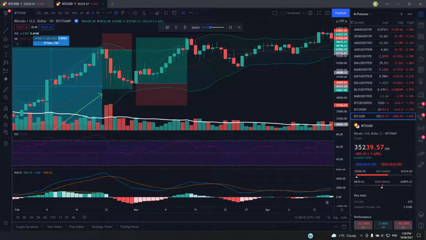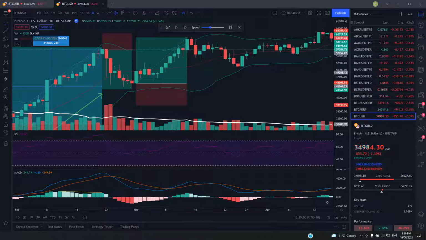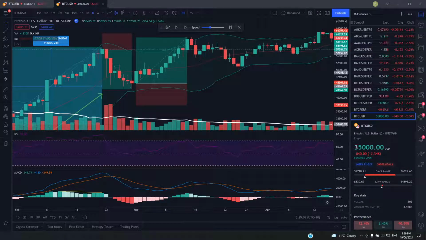RSI decreasing from overbought region to oversold. Okay, so signal line cross, fast EMA cross slow EMA, histogram go from green to red. Okay, green to red.